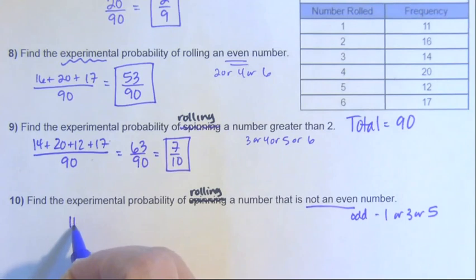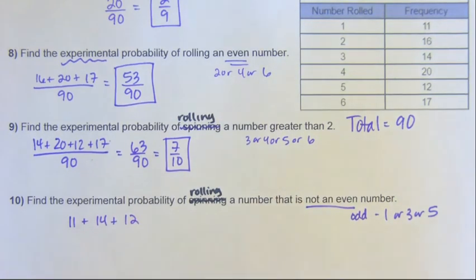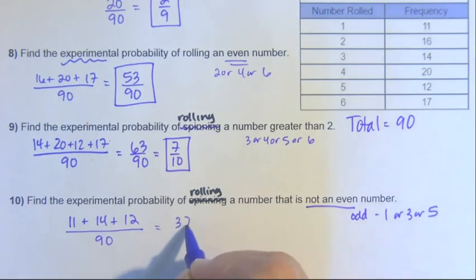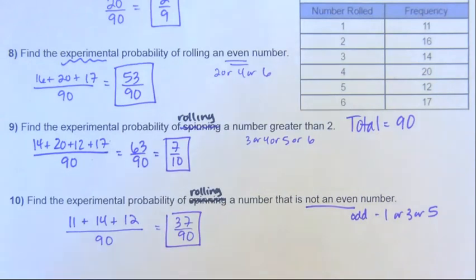So you got 1 11 times, you got 3 14 times, and you got a 5 12 times. Out of 90, add those up, and you get 37 out of 90. That one doesn't reduce, so we are done.